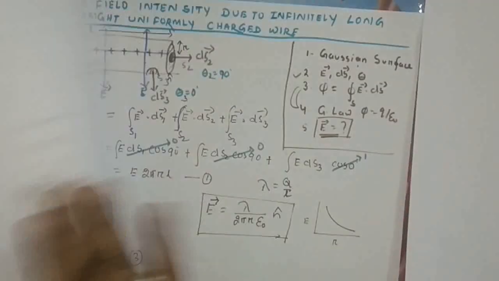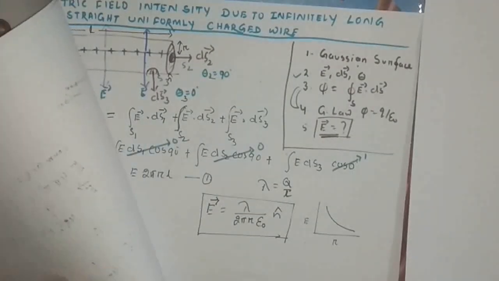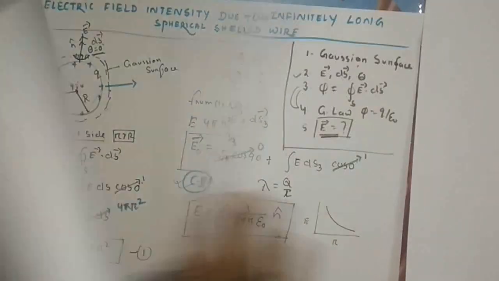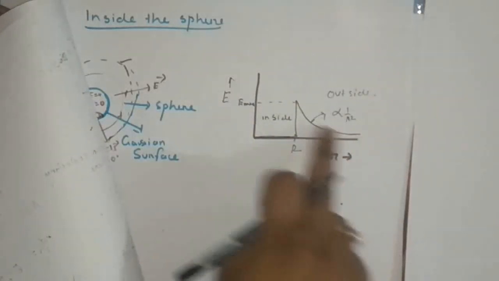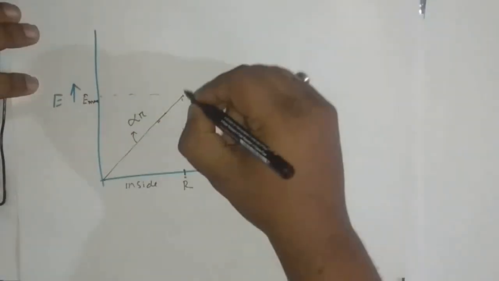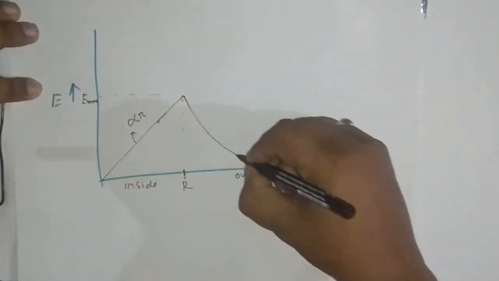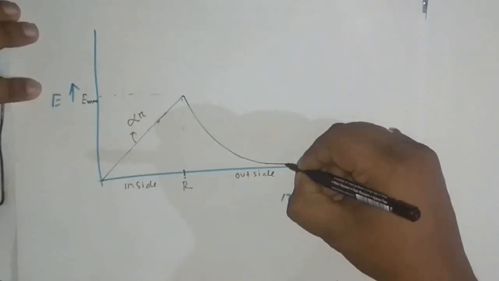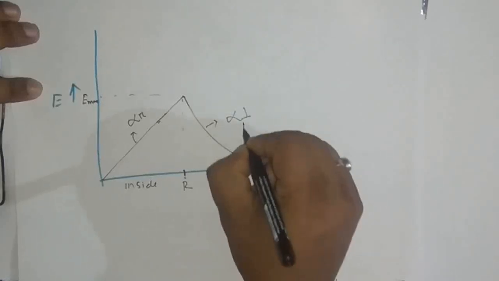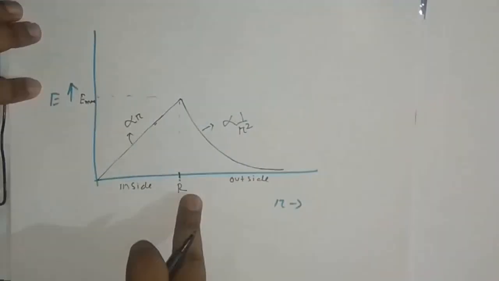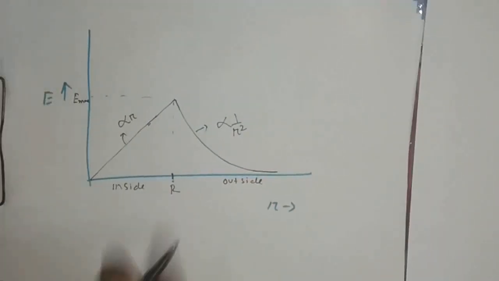Now outside, what I told earlier, it is inversely proportional. So I will draw the graph. This represents that it is inversely proportional to the square of the distance between them.